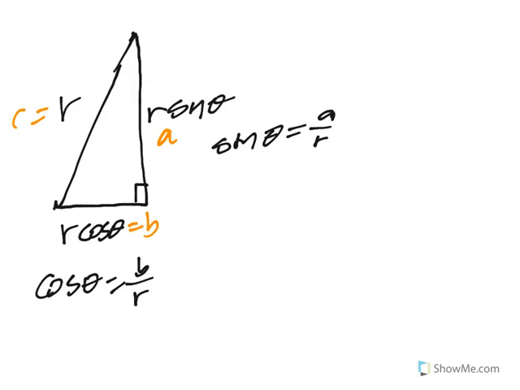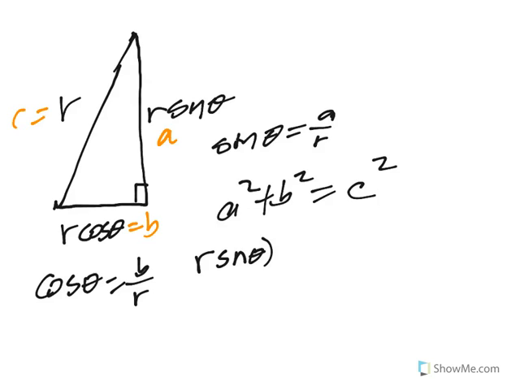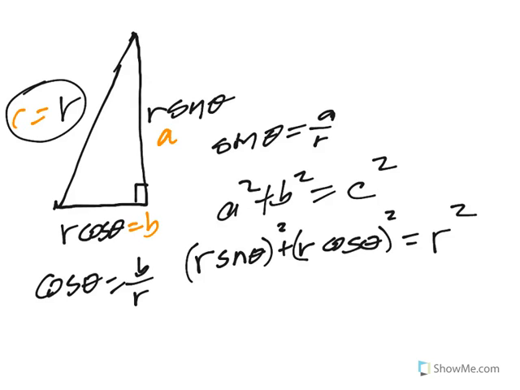Another thing we know is that a squared plus b squared equals c squared. So we know that r sine theta squared plus r cosine theta squared equals r squared.